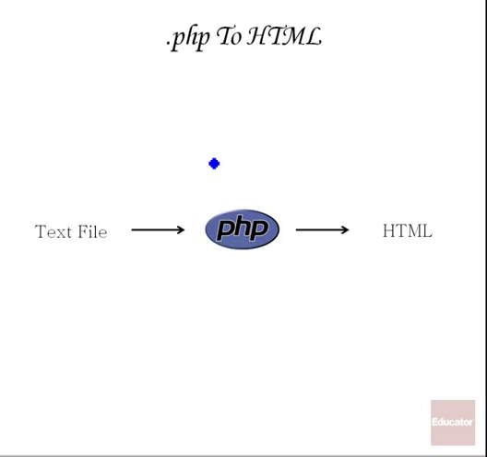So PHP to HTML, how does that work? Well, first of all, as mentioned, we know that when a PHP page is requested, the PHP interpreter is invoked by Apache. And basically, from an input-output point of view, the PHP takes a text file as input and generates some sort of output. Now PHP is a general scripting language, so it always is going to take a text file as an input.